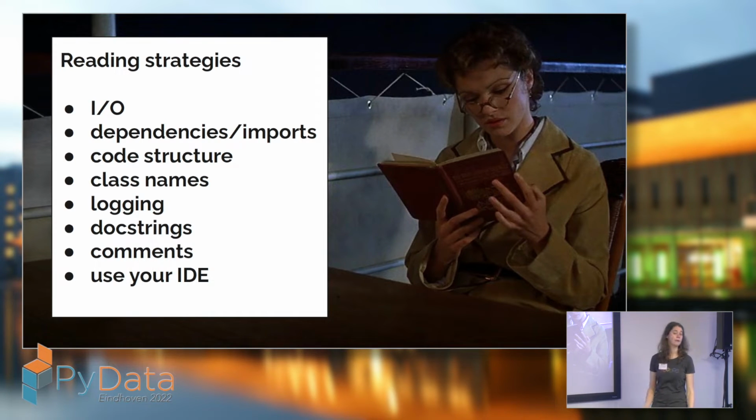So I like to focus on the input and output, especially since the example that I told you about happened. And things like dependencies, code structure, class names, logging. You can use this slide as a checklist to get to the most important points of the code first and to really understand what it does and answer the questions that I just showed you.